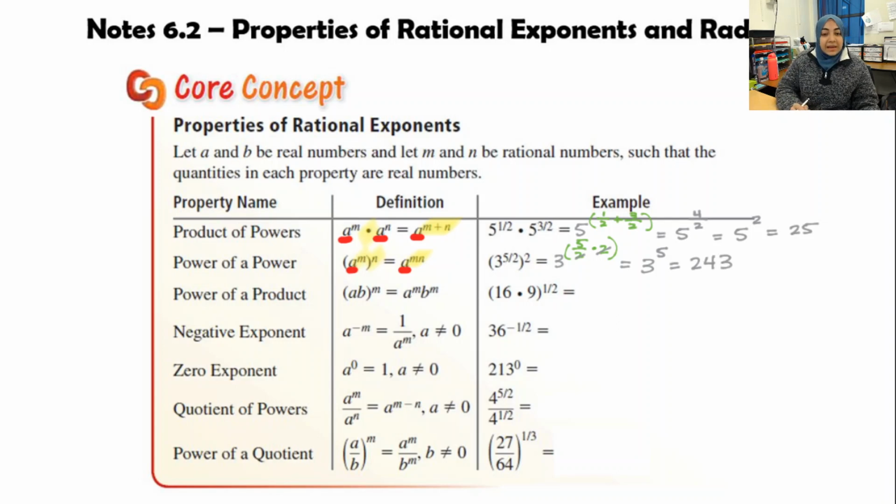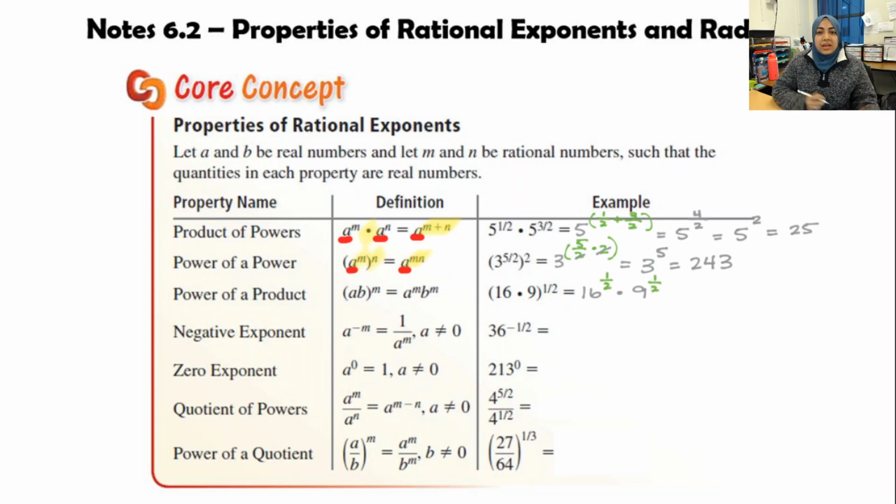The next one is power of a product. So notice I have 2 values that are being multiplied together, and they're both being raised to the same power. Well, that's equivalent to taking each of those individually and raising them to the power individually. So that means I have 16 to the 1/2 times 9 to the 1/2.